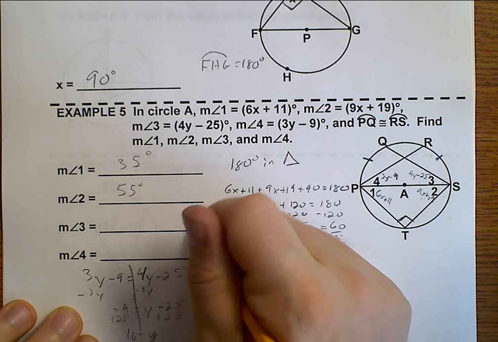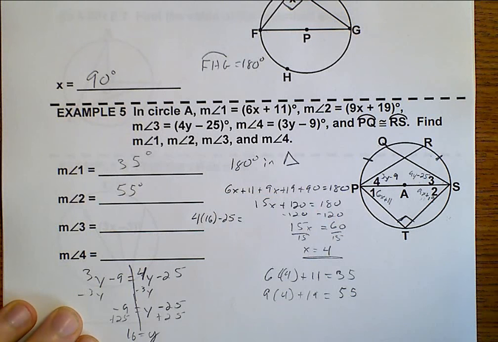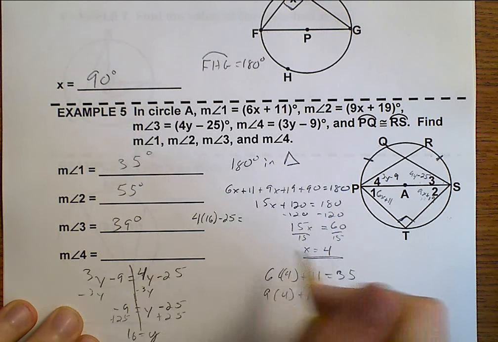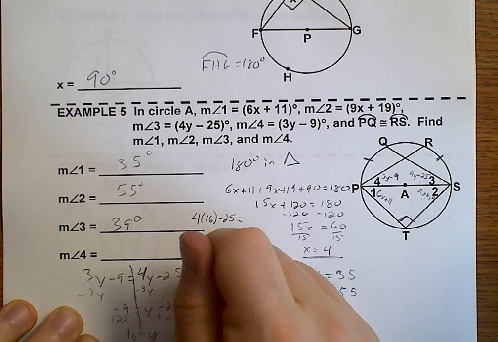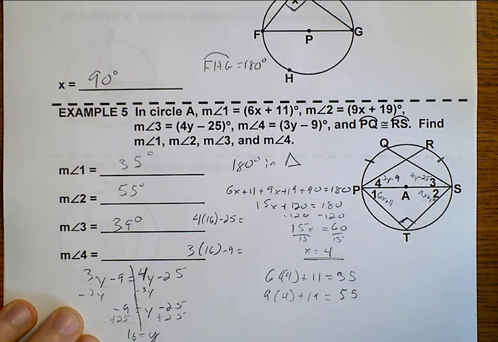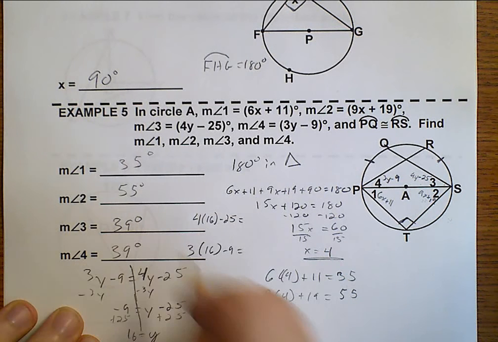4 times 16 minus 25 is 39 degrees. And 3 times 16 minus 9 is also 39 degrees.